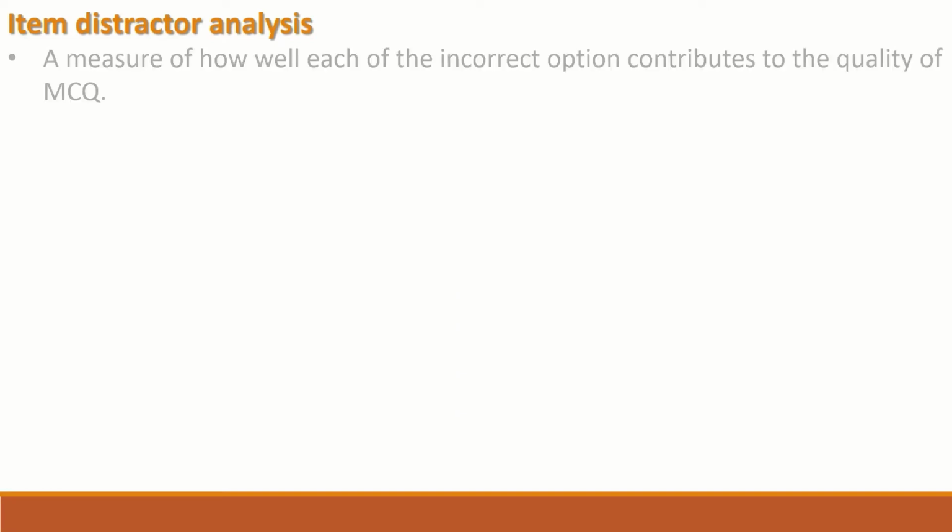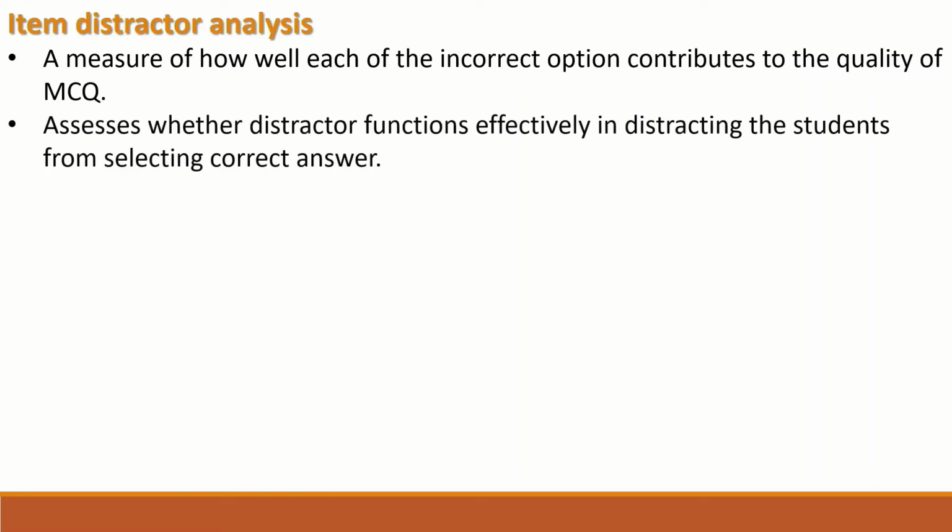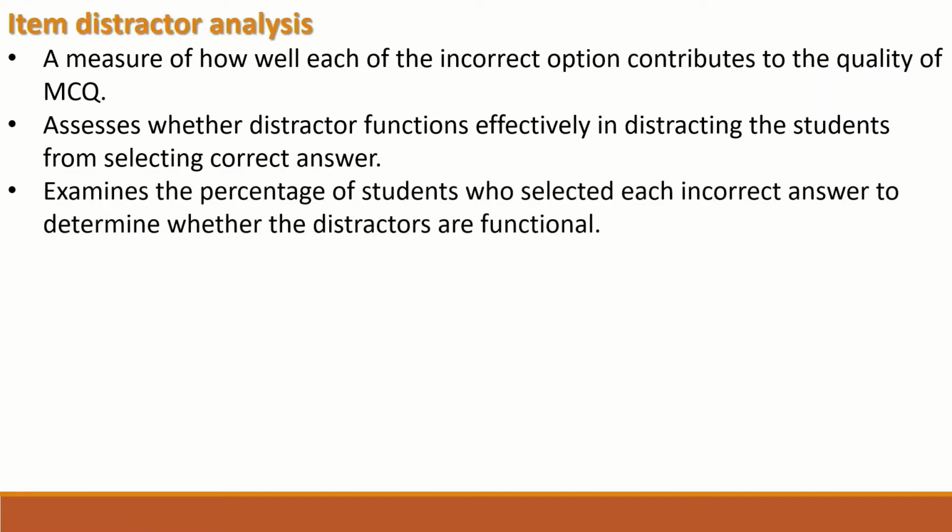Item distractor analysis is one way to measure how well each of the incorrect options in a multiple choice question contributes to the quality of the question. It assesses whether the distractors function effectively in distracting the students from selecting the correct answer.